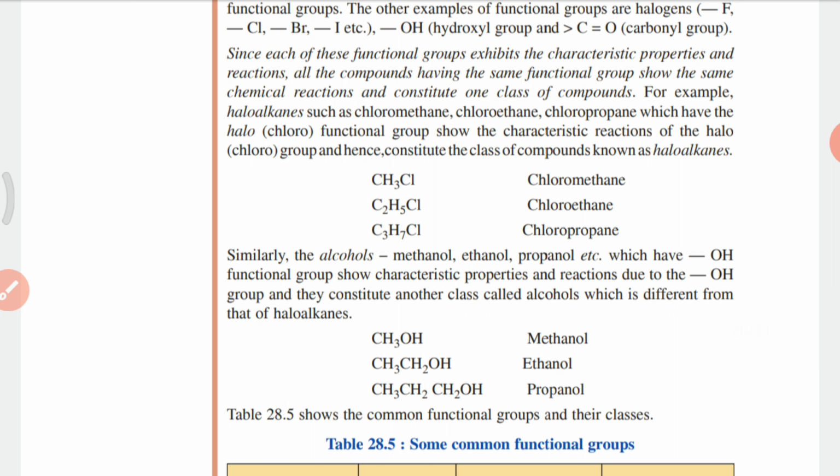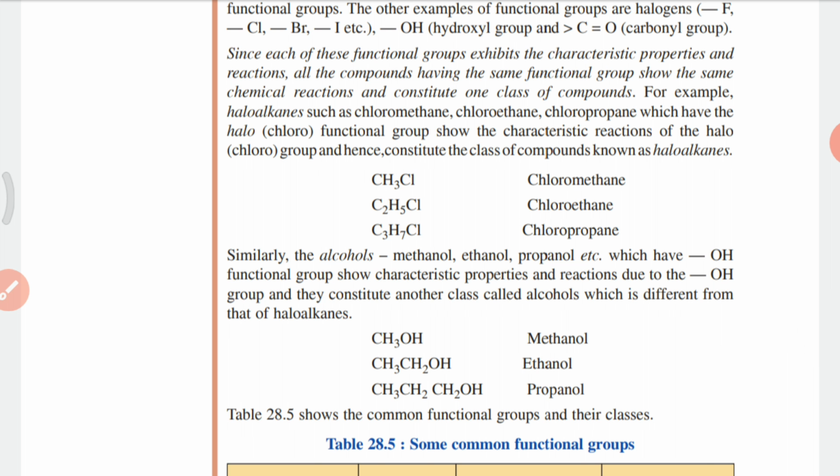Similarly, alcohols, methanol, ethanol, propanol, etc., have an OH functional group added to methane, ethane, propane, etc. The characteristic properties and reactions due to the addition of the OH group show alcoholic property.